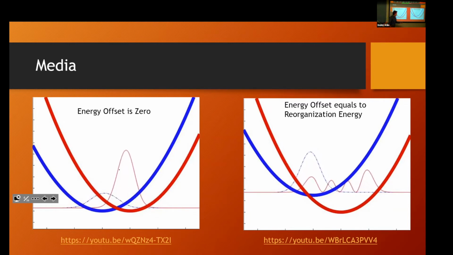But on the left here, we can see that the electrons are in 4 different states, and this is because the activation energy needed to get over the curve is too high for the electrons to do.